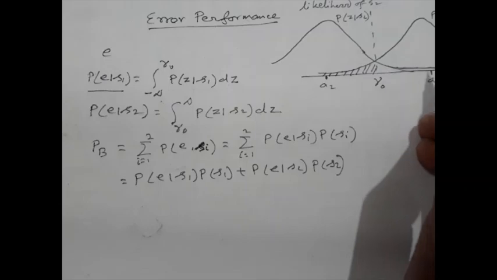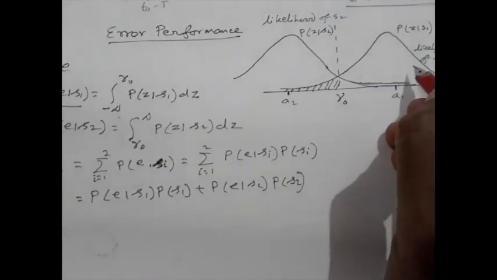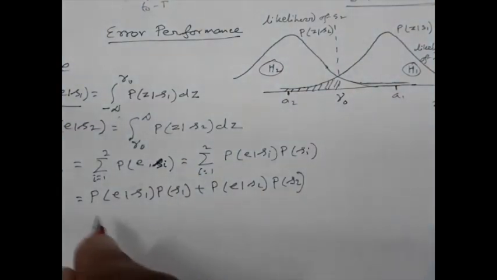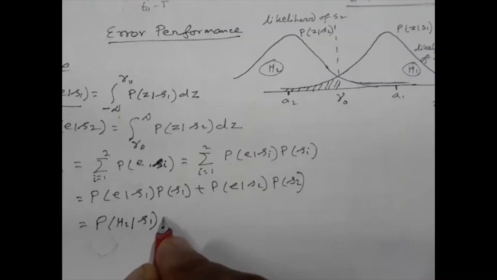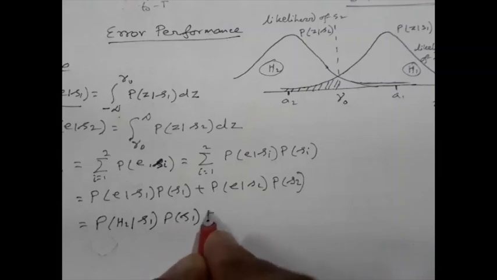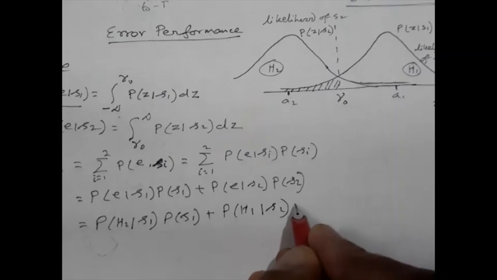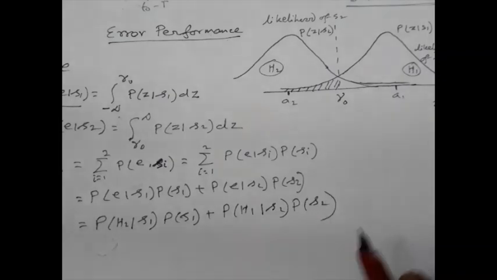If we call this hypothesis H1, this one hypothesis H2, then this equation can be written as P(H2 given S1) P(S1) plus P(H1 given S2) P(S2).